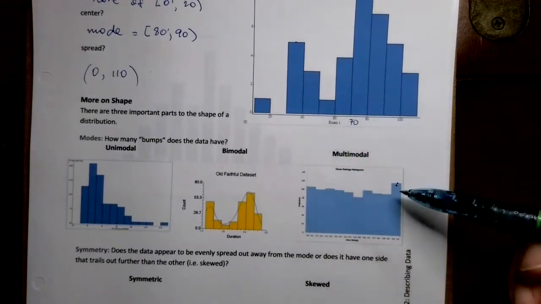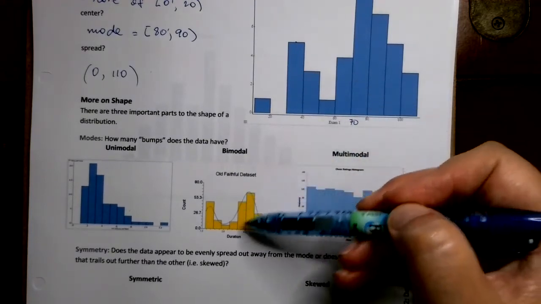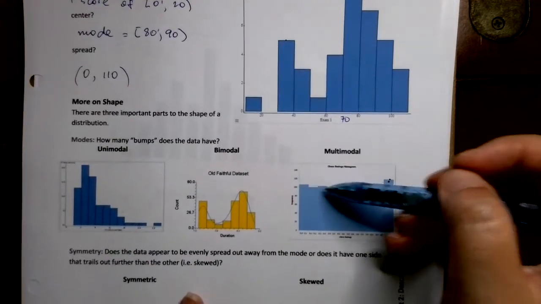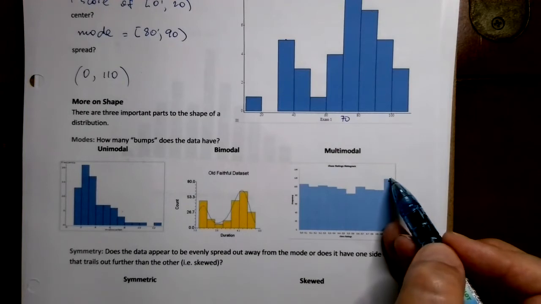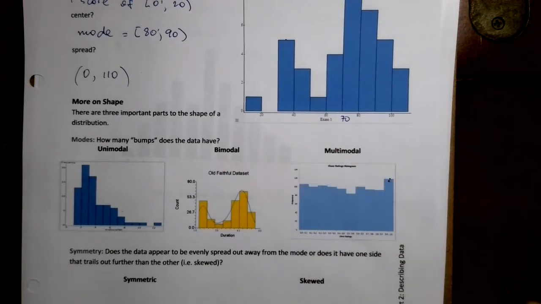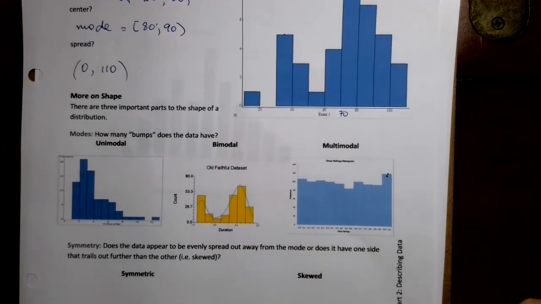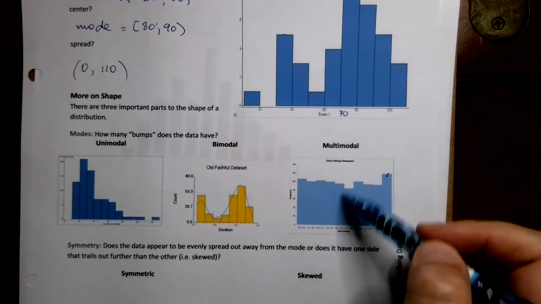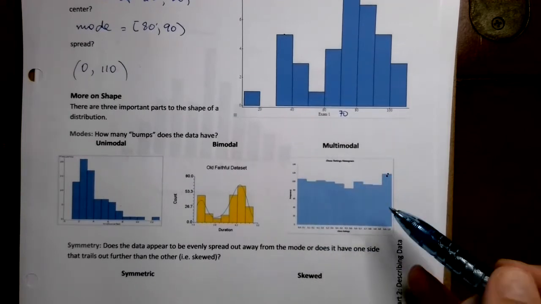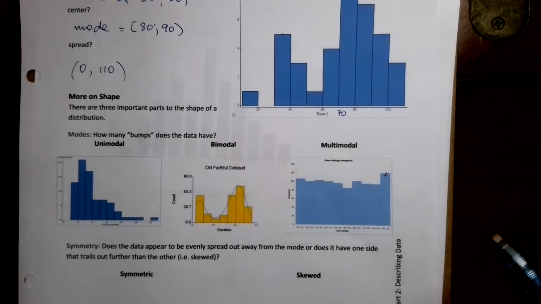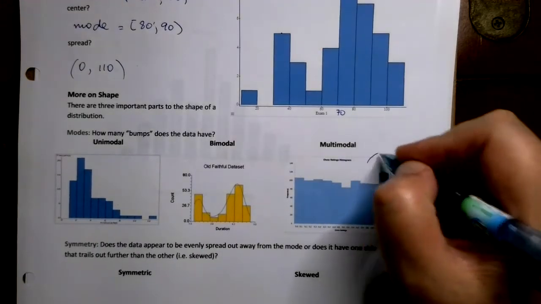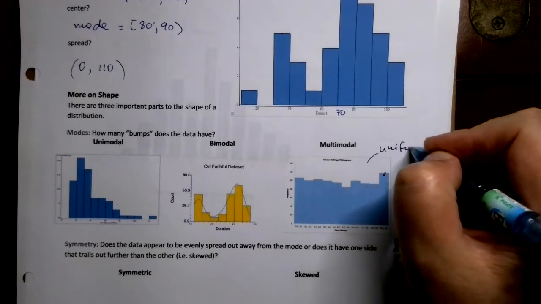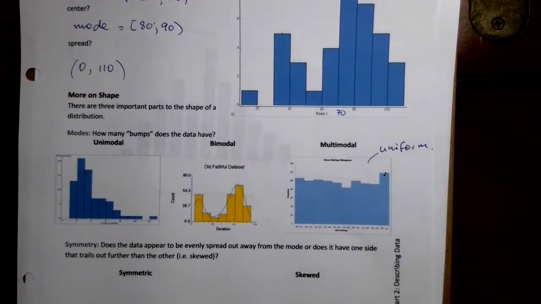So no distribution is perfect. You're not going to have a distribution where each bar is the same height. It's just not realistic. So if they're approximately the same height, then this type of distribution is called a uniform distribution.